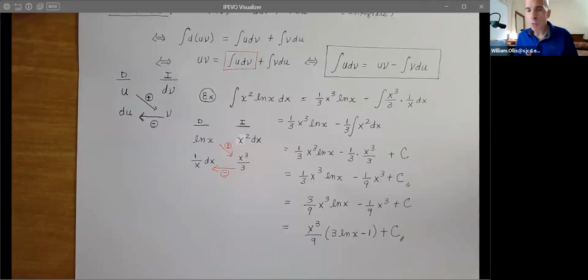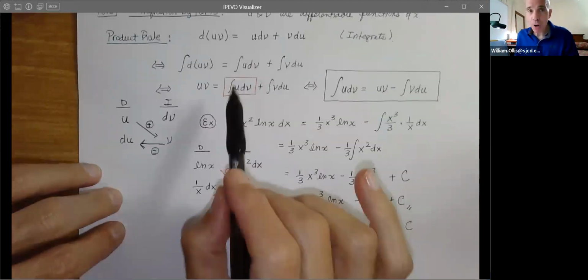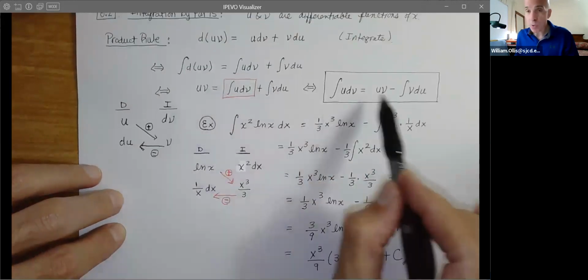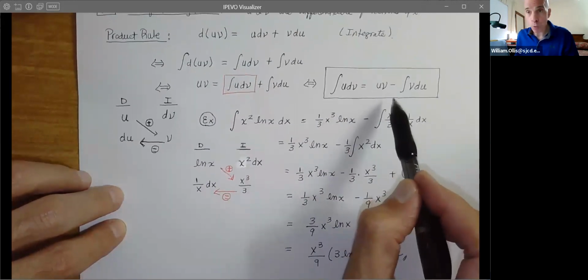Okay, so what I want to show you here is that the integration by parts, ladies and gentlemen, you already knew how to do. No one ever showed you this. So basically what we see here is we don't have to learn any new mathematics. We have the product rule, which can be recast into this formula.